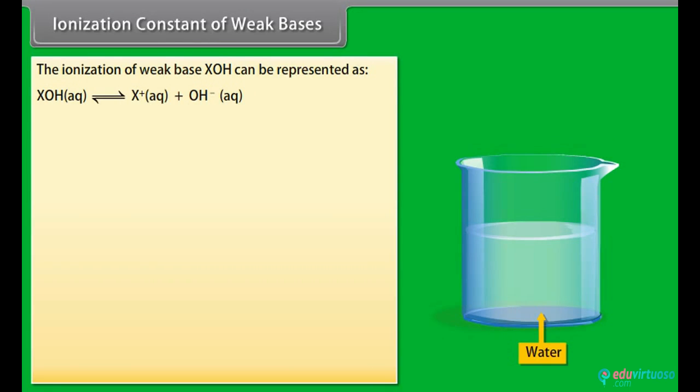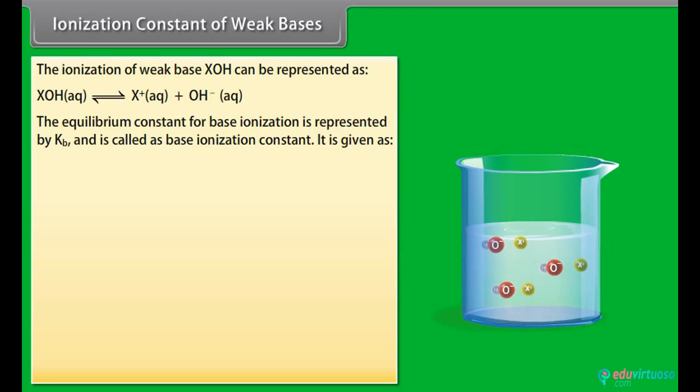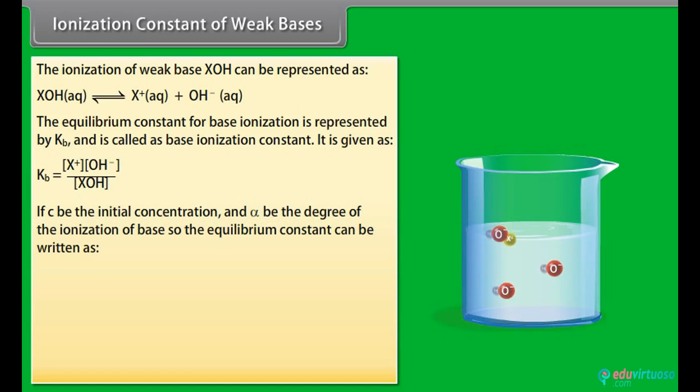The ionization of weak base XOH can be represented as: the equilibrium constant for base ionization is represented by Kb and is called as base ionization constant. It is given as: if C be the initial concentration and alpha be the degree of the ionization of base, so the equilibrium constant can be written as Kb is equal to C alpha square by 1 minus alpha.